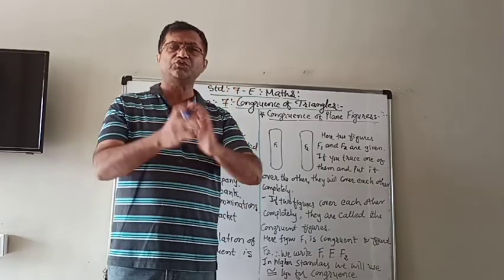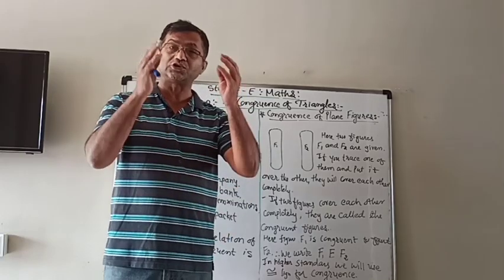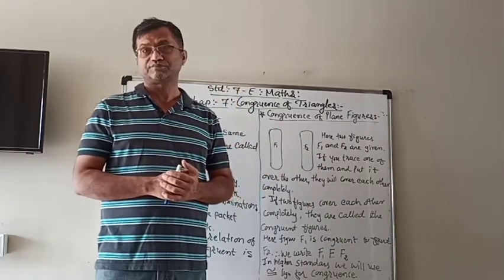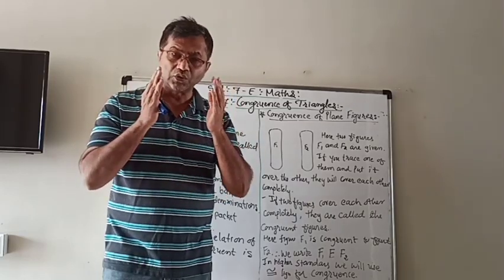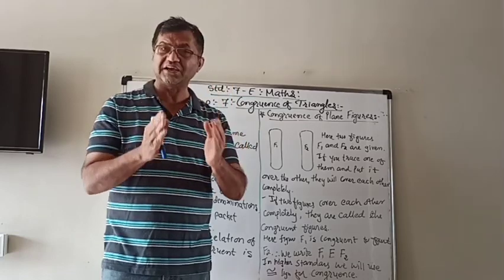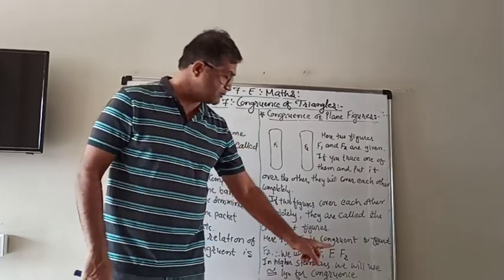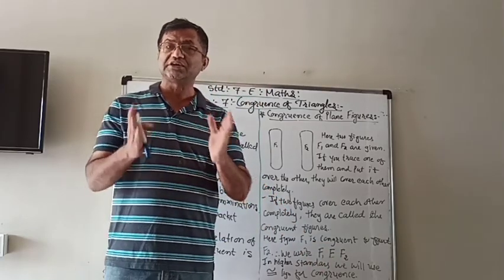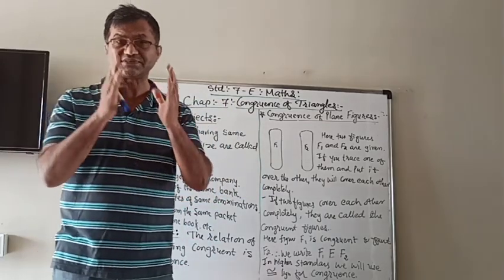Whenever two line segments or two angles or two triangles, which we are going to learn about in this chapter, are congruent, we will write this symbol between them, meaning they are of the same shape and same size.